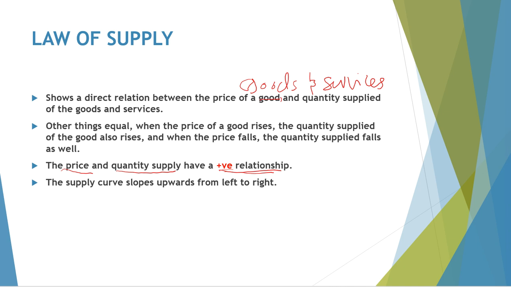So dia punya curve akan slope from left to right. Macam mana rupanya? It will be this way, right? This one is the price, this one is the quantity. So kalau kat sini dia kata when the price rises, the quantity supplied rises. It should be this way. Betul tak? Okay. Ini quantity.